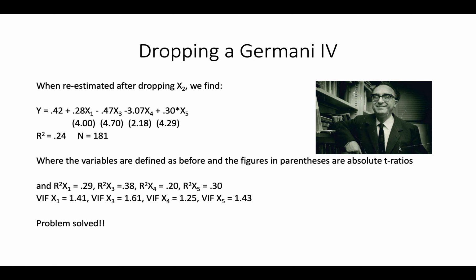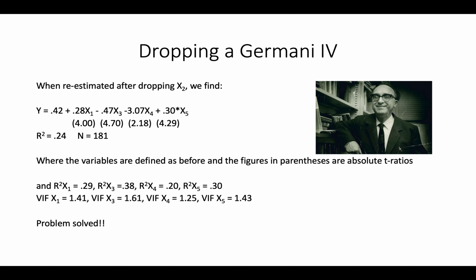Very far away from that 0.8 indicator of multicollinearity for the R-squared value. The VIFs are all very small as well. They're all under 5. So we don't see evidence here of multicollinearity. In other words, the problem's solved.